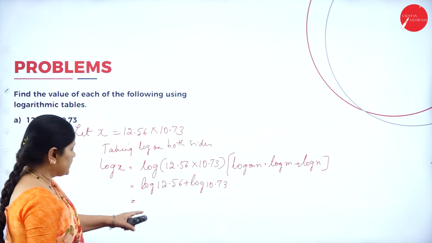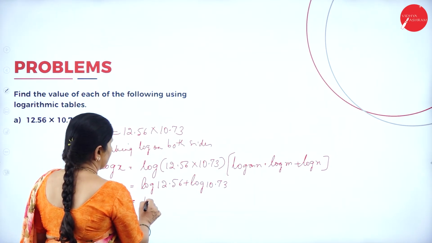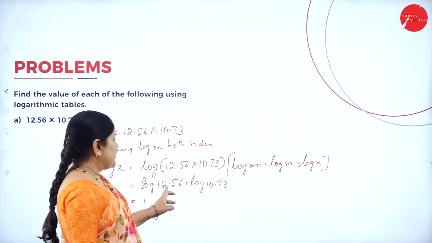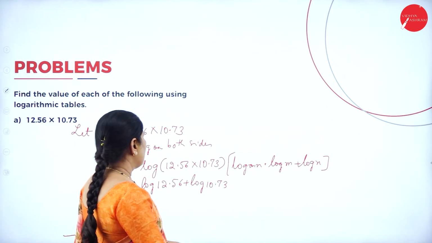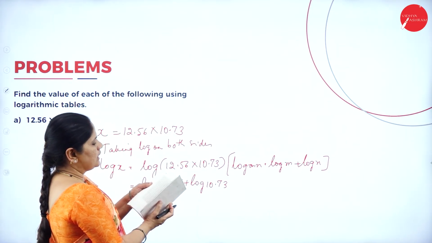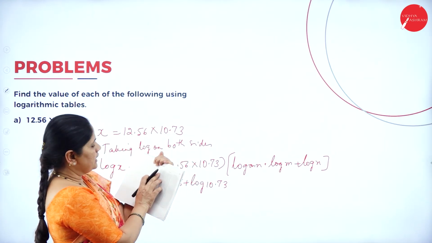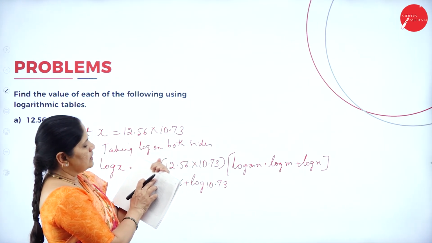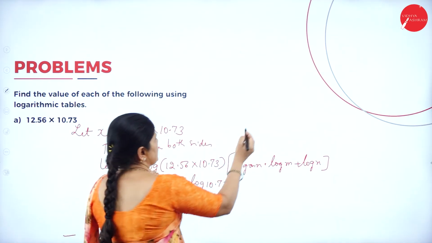Now, find the value of log 12.56. How many digits are there here? 2 digits. So, I will write 1 point. Now, I will have to find the log value here. So, the log value of 12.5 I have to see in the log table. In the log table, I have to see the number 12. So, 12 comes up to 0969.